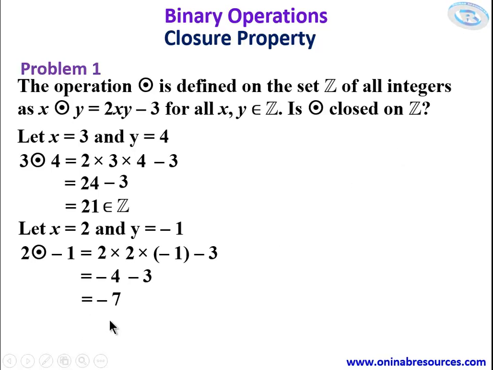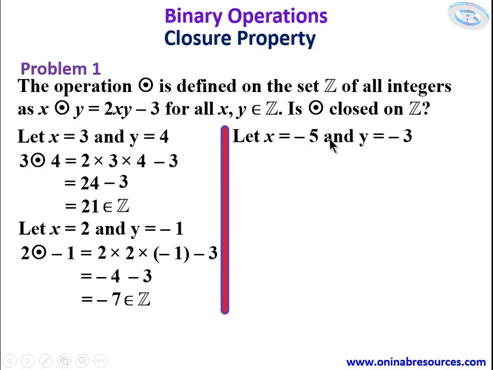And negative 7 is an integer. Then we take our last set of values. We let x be equal to negative 5 and y equal to negative 3.